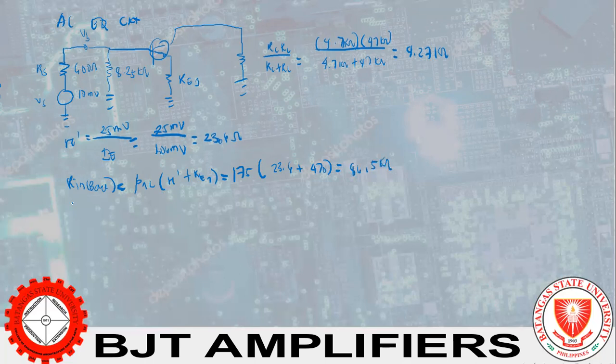Okay, so makakakuha tayo ng R in total, which is parallel lang naman siya, no? So, 47 kilo ohms. Tama. Parallel kay 10 kilo ohms.